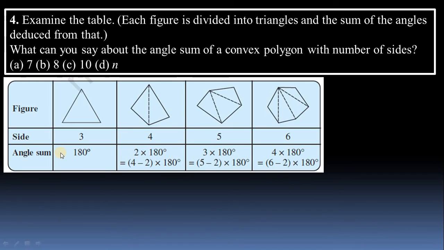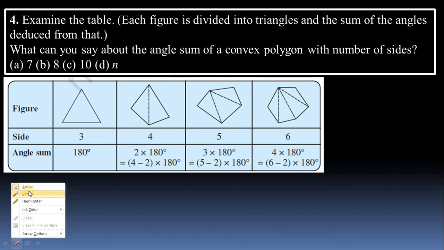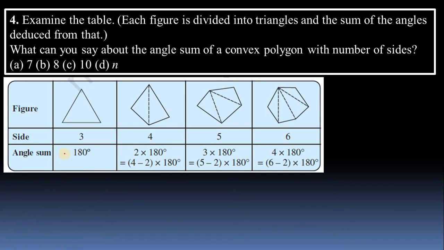In the case of the first one, we didn't write the formula. Why? Because here the number of sides is 3, and here 2 is a fixed value. So 3 minus 2 is what? It is 1 into 180, and 180 into 1 is 180. That's why here it is 180.